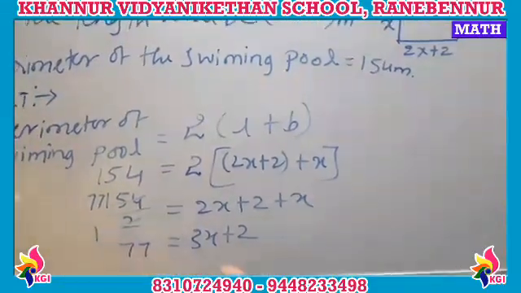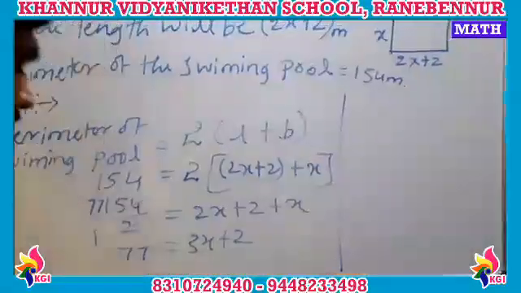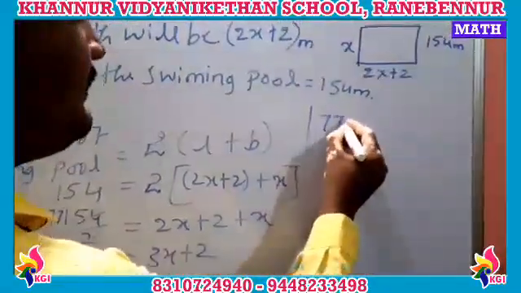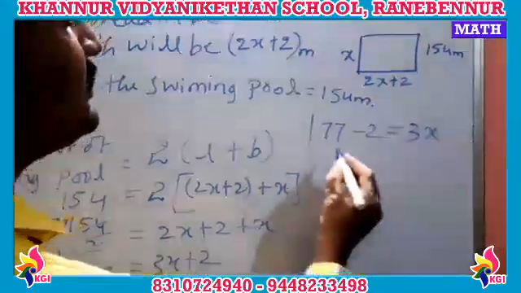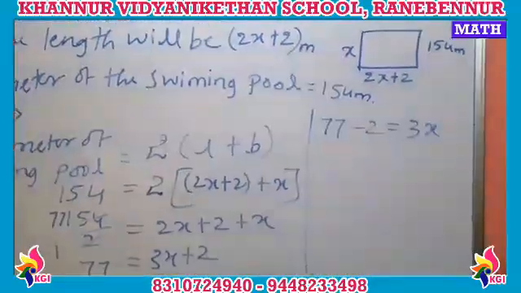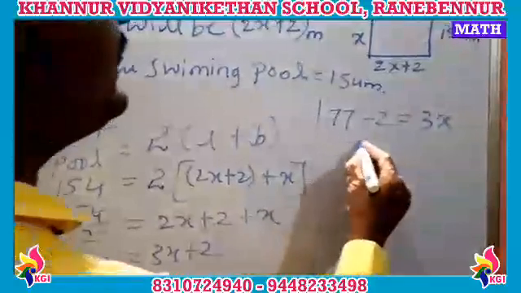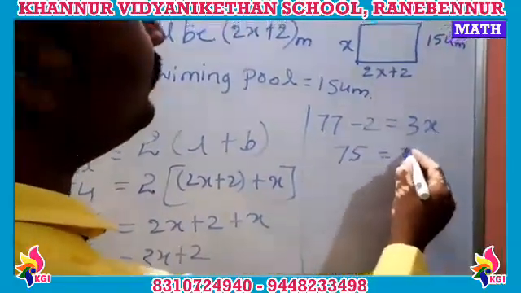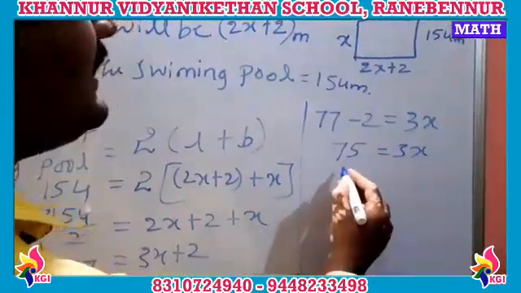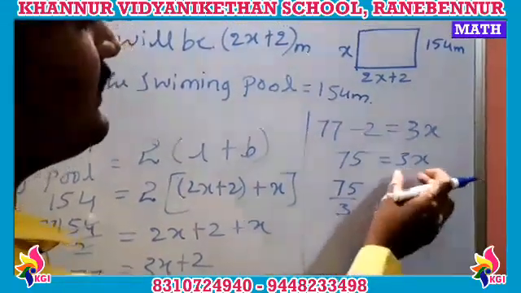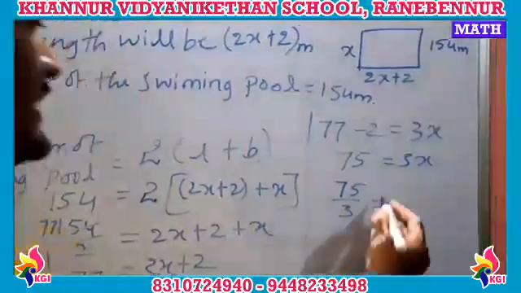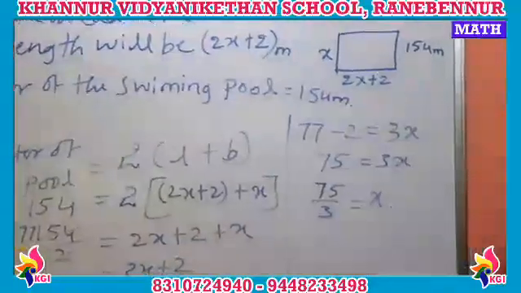Okay. So next, this 2 should go to that side. So 77 minus 2 is equal to 3x. 77 minus 2 is 75. So 75 is equal to 3x. Then next, 75 divided by 3. Why? Because the product goes down. 75 divided by 3 is how much, children?